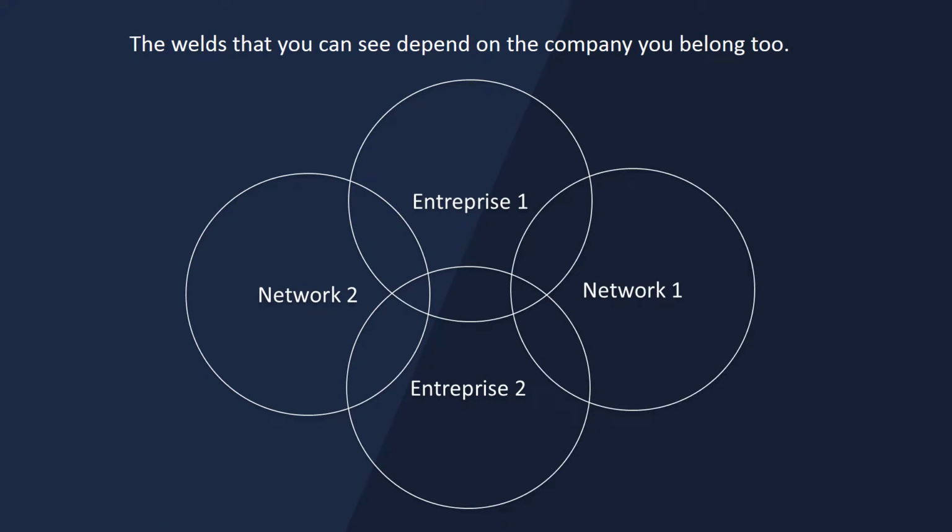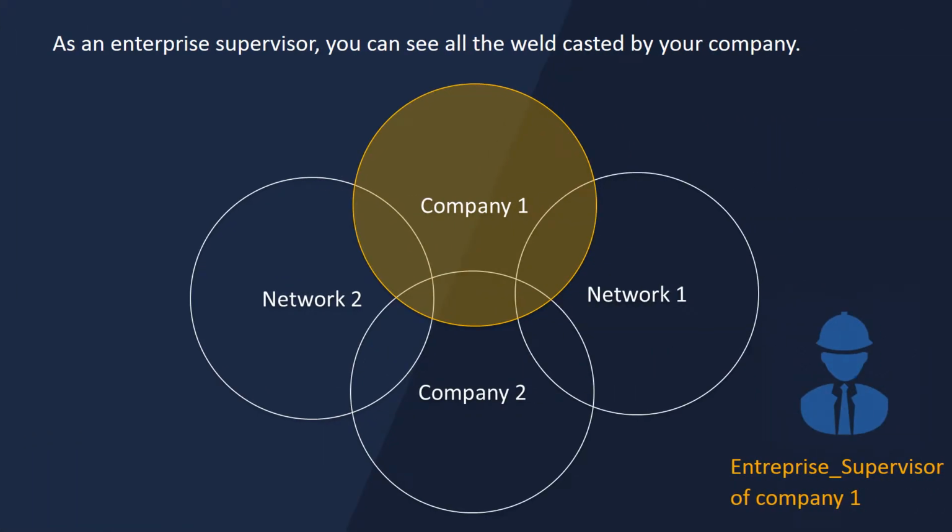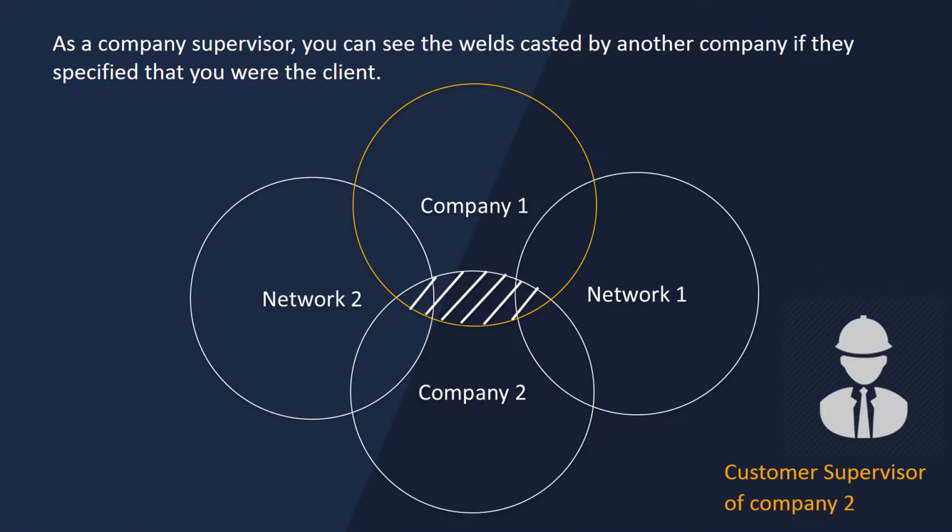The welds that you can see depend on the company you belong to. As an enterprise supervisor, you can see all the welds cast by your company. As a customer supervisor, you can see the welds cast by another company if they specified that you are the client.